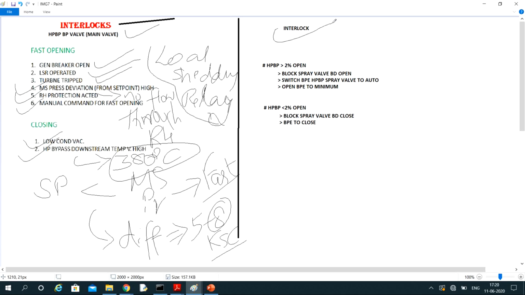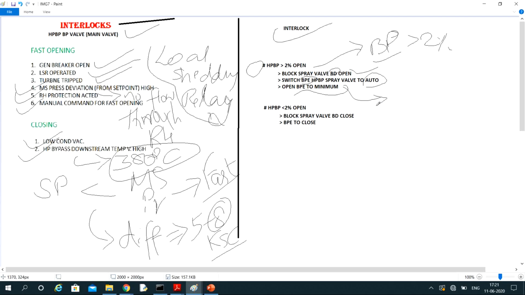The first thing is that if any of the BP valves is more than 2% open, then it will trigger these three actions: it will open the block spray BD valve, it will switch the HP bypass spray valve to auto, and it will open the BP to minimum command, because the HP bypass valve is open.